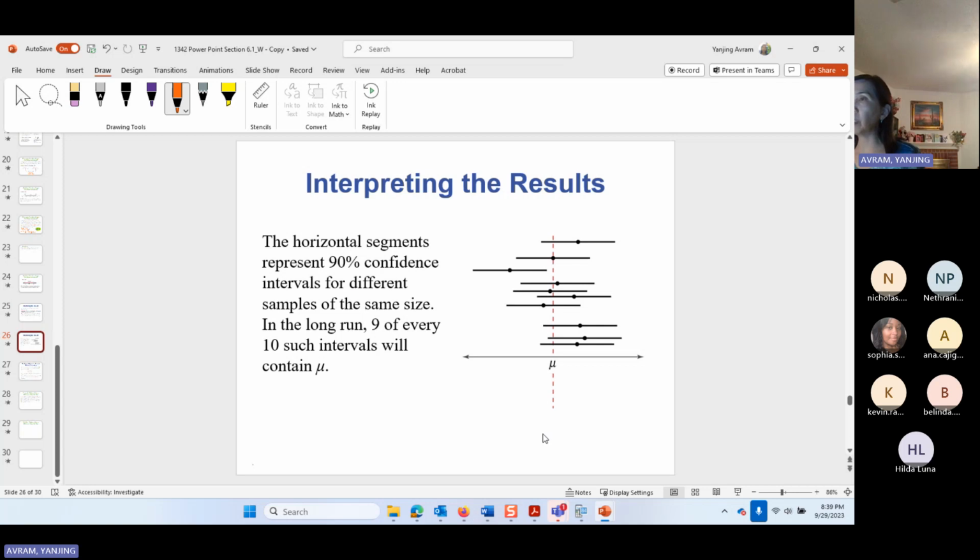The first interval does include the population mean. The second interval also includes the population mean. Which interval did not include the population mean? This one. Because I only have 90% confidence that the interval will include the population mean, that means 9 out of 10 intervals will include the mean. So of this 9 out of 10, one of them does not.